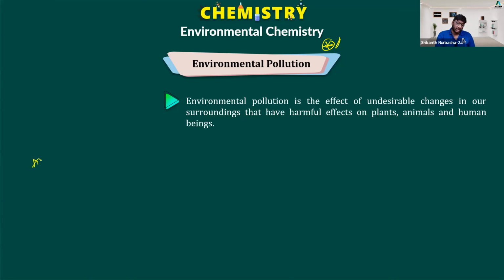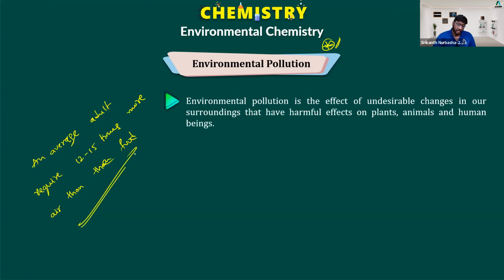An average adult requires 12 to 15 times more air than food. That means if we are polluting air, obviously we are polluting our system as well.